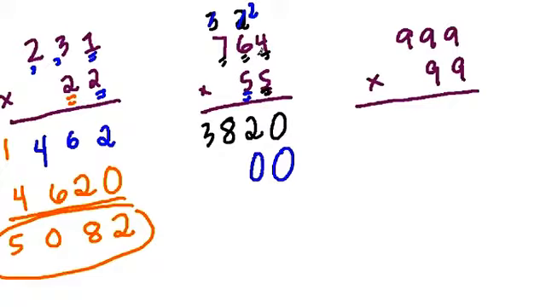5 times 4 is 20, 0 and 2. 5 times 6 is 30 plus 2, 2 and 3. And now 5 times 7, 35 plus 3 is 38. So you can see that because we had the same digit repeated, we had 382 here the first time, and the same digits appear, 3, 8, and 2, but they're shifted over.